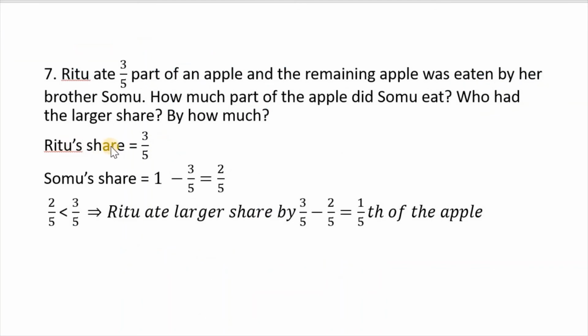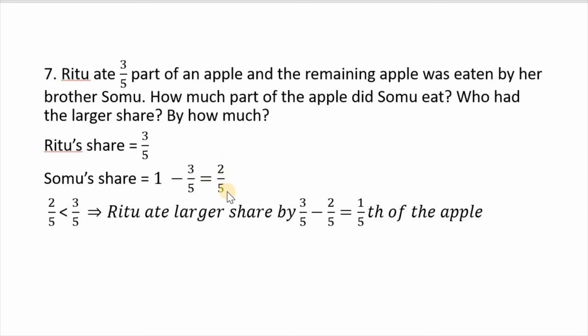So here we have Ritu's share is equal to 3 by 5. Therefore, Somu's share is going to be equal to 1 minus 3 by 5. Whenever you have questions like this, when someone has taken some fraction and you want to find the remaining fraction, you should always subtract it from 1.